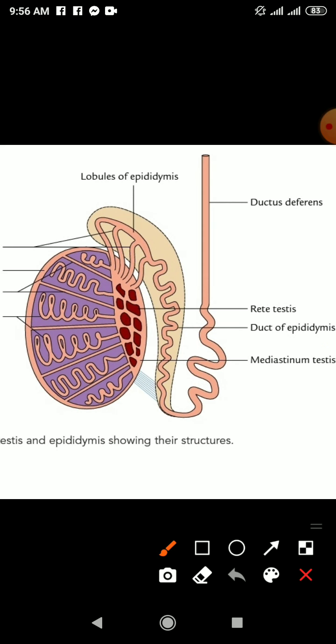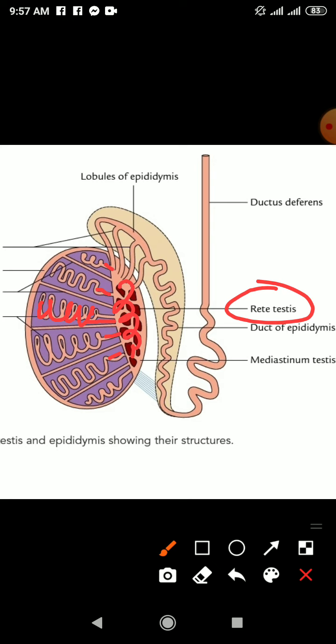Look at that. We told you that each lobule contains seminiferous tubules, 1 to 3, and some interstitial cells of Leydig. These are the seminiferous tubules, which contain a convoluted portion in front and a straight portion behind. When all the seminiferous tubules connect to each other, they form a plexiform network, known as the rete testis.